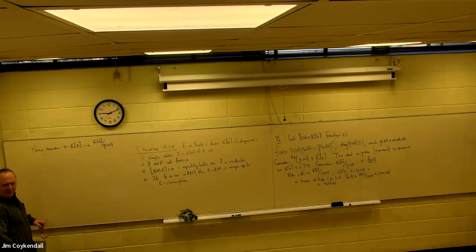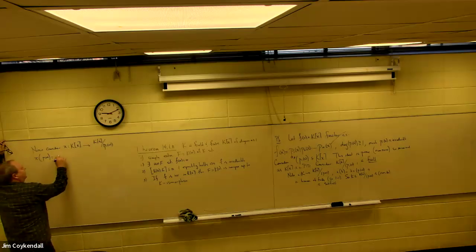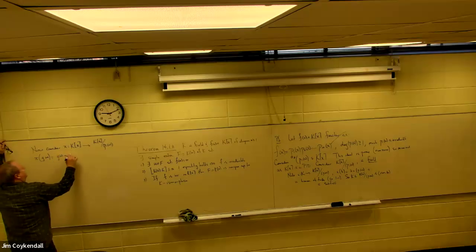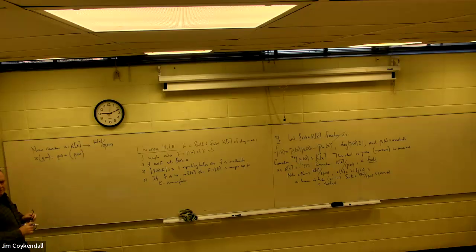The projection gives you pi of p(x). An input polynomial from k[x] just goes to p(x). That's too confusing. Let's call this g of x. It's g of x plus the coset, or the ideal, p1(x). So you just project the polynomial into this coset.